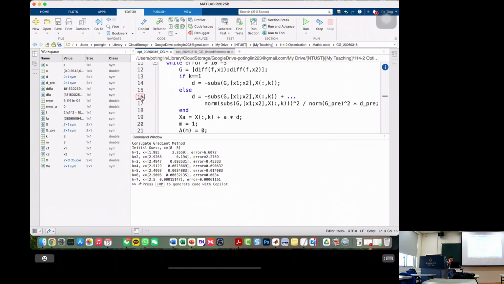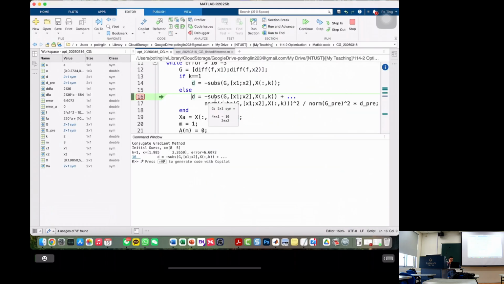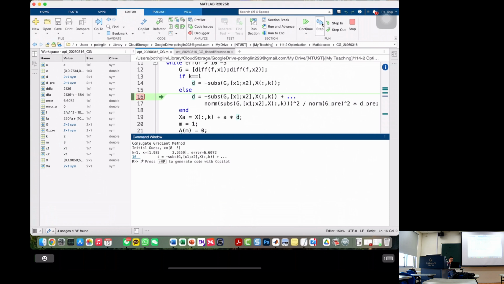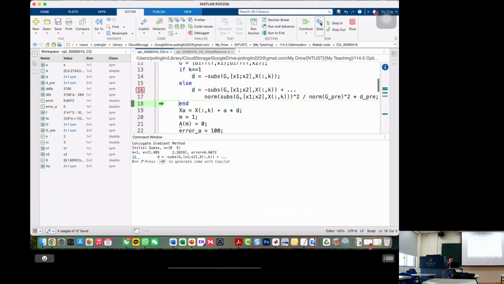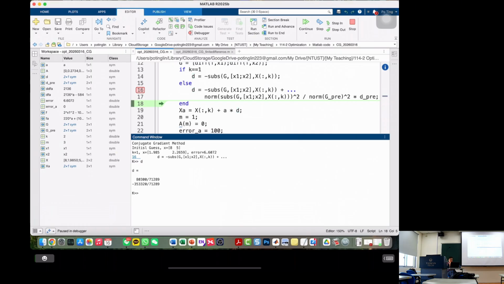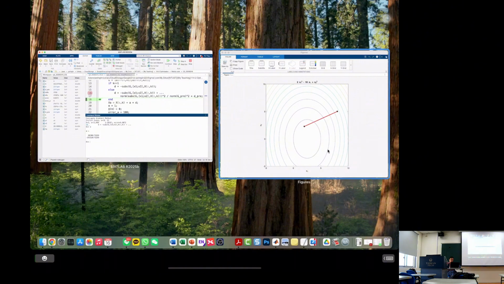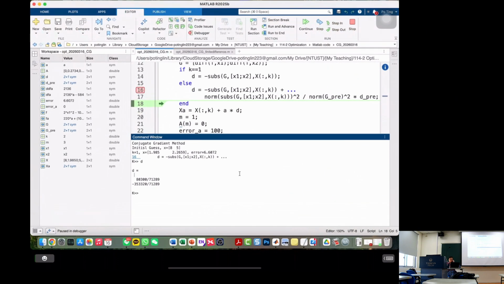Did I go into here? The d step. Okay. d is the current one over the previous one, right? g previous, g previous, g pre, g.